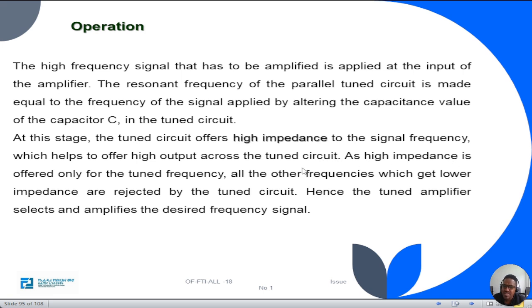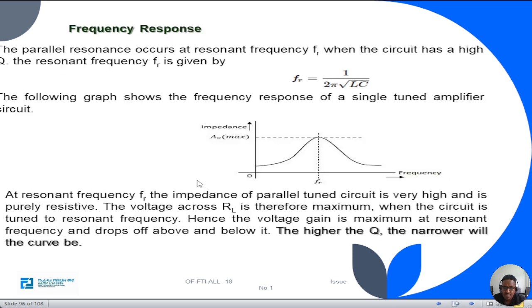As high impedance is offered only for the tuned frequency, all the other frequencies which get lower impedance are rejected by the tuned circuit. Hence, the tuned amplifier selects and amplifies the desired frequency signal, that is, the particular or natural frequency signal can be amplified.